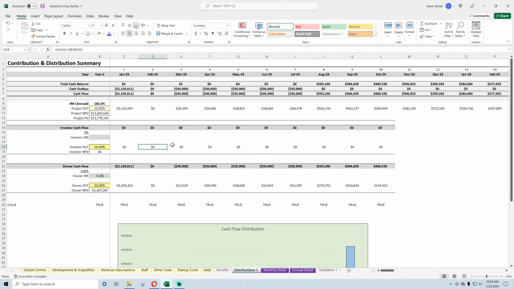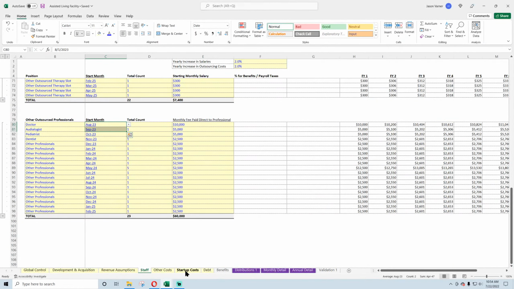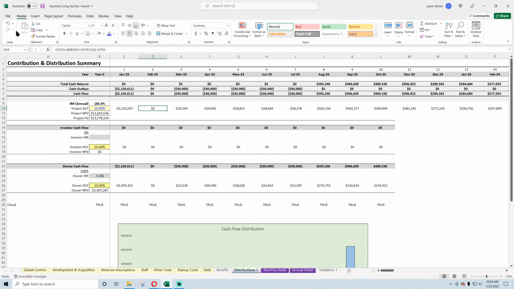And that'll flow the same. We'll have to use the same formula, same style, but that's just so on a project level right now, we actually have a full-on discounted cash flow analysis with the internal rate of return right here based on all of these different development, acquisition, revenue assumptions, and costs and everything. So that's good.